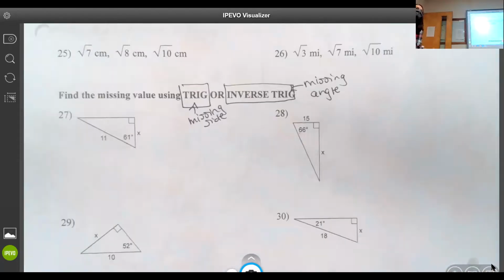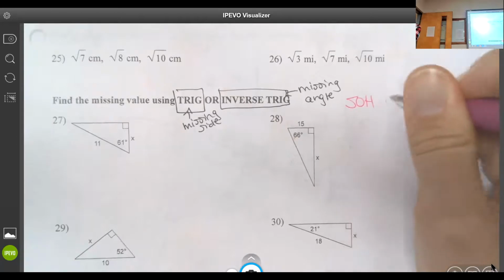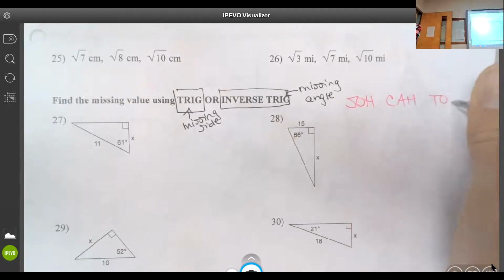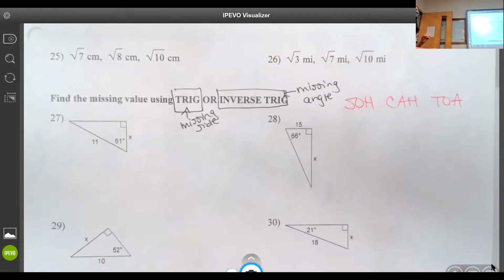If the x is a side, you're using regular trig. If it's the angle you're trying to find, then you're using inverse trig. But for either of them, to decide which function you're using, you're using the SOHCAHTOA idea to decide, am I using sine, cosine, or tangent? But then kind of knowing the difference of when I use one or the other helps us with the setup.